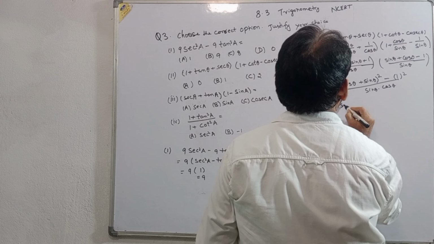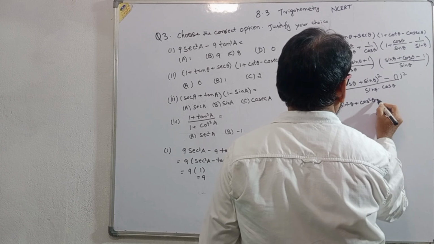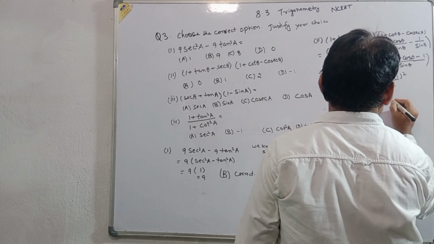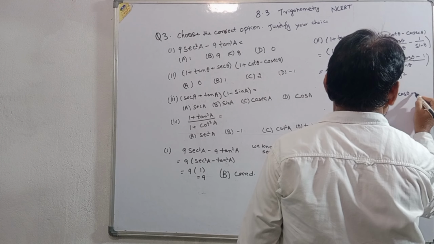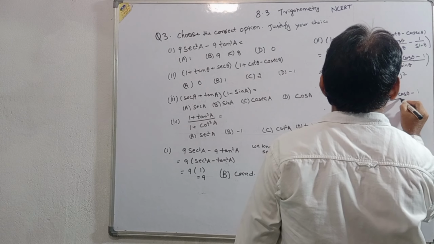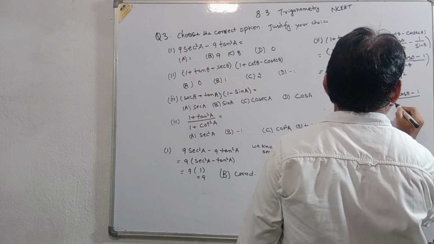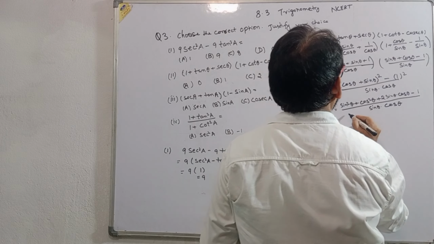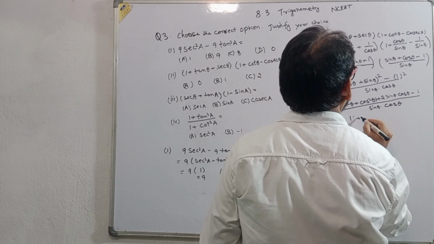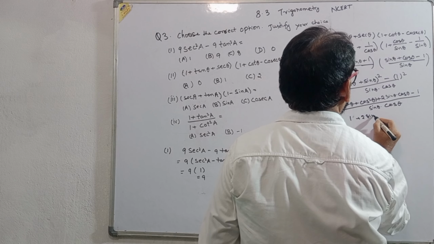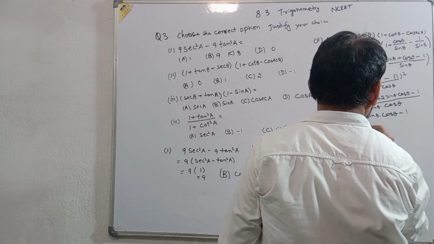Here sin square theta plus cos square theta plus 2 sin theta cos theta minus 1, divided by sin theta into cos theta. We know this is 1 plus 2 sin theta cos theta minus 1.